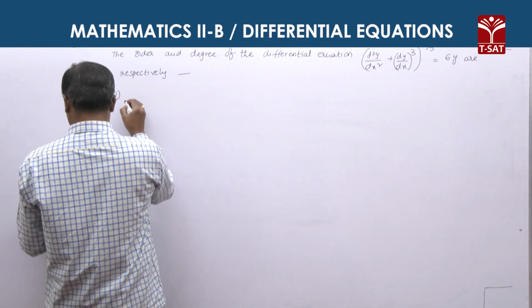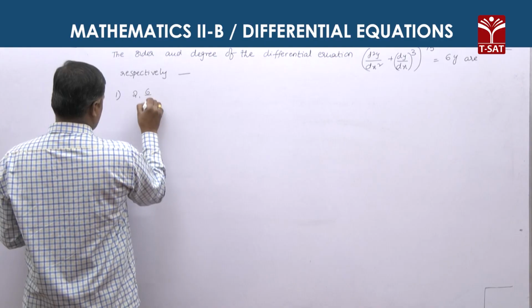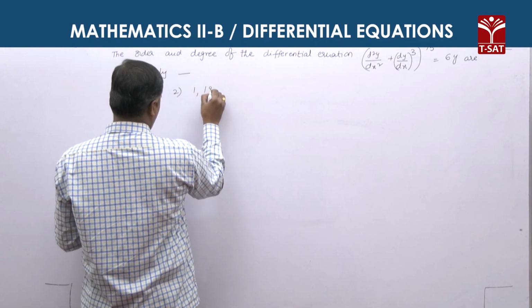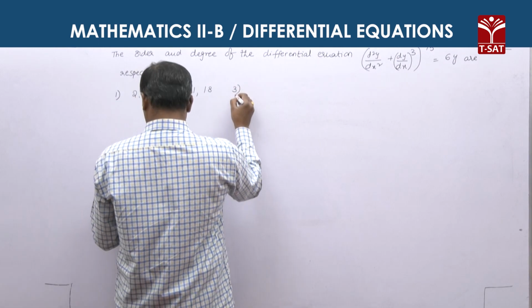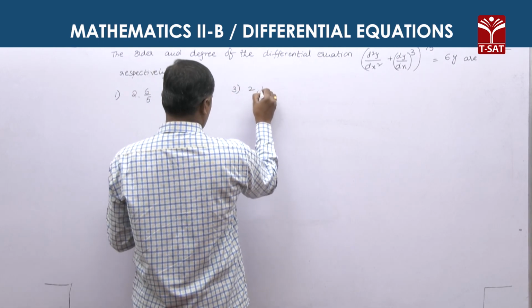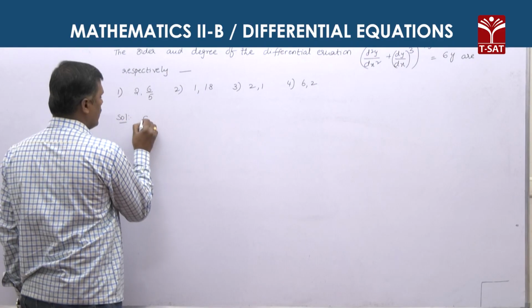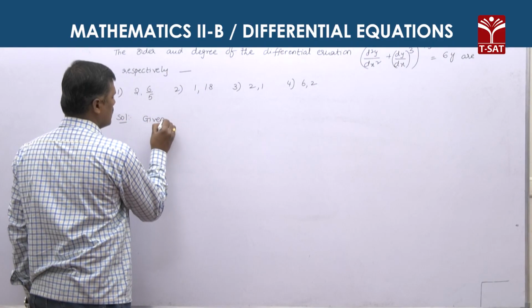First option 2 comma 6 by 5, second option 1 comma 18, third option 2 comma 1 and fourth option 6 comma 2.